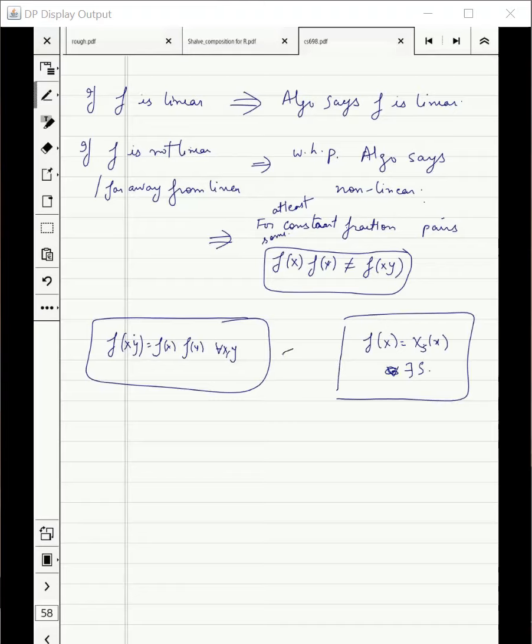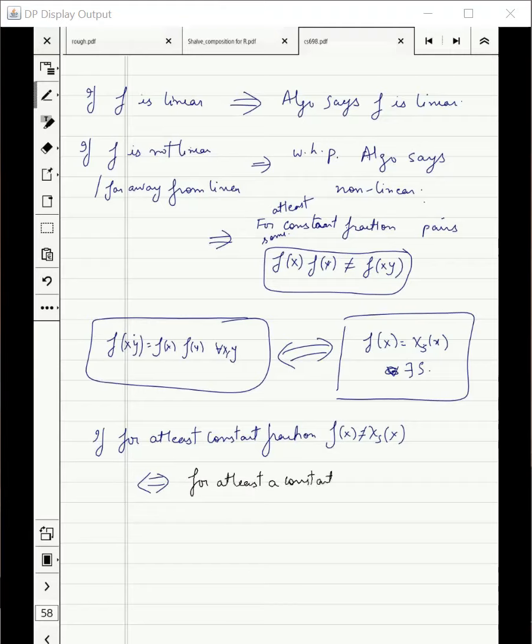which we want to show. We want to say that if for at least some constant fraction of the inputs, f(x) is not equal to chi_s(x), again for any s, meaning f(x) is not close to chi_s(x), this is the same as saying that for at least a constant fraction of pairs, f(xy) is not equal to f(x) times f(y).